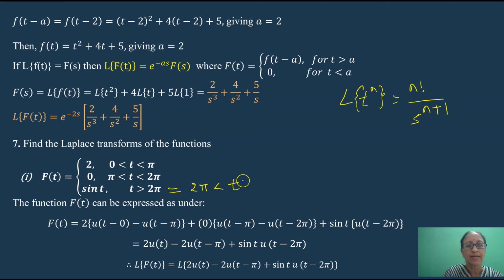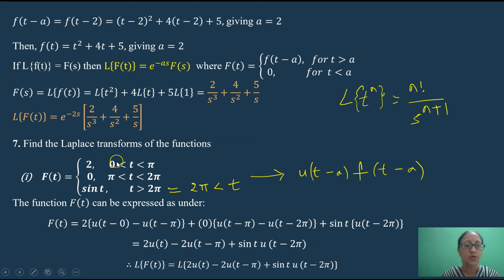Now we can express this capital F of t in the form of u of t minus a into f of t minus a. So how can we express? Let us see. Here, this function is 2 into u of t minus lower limit minus u of t minus upper limit. So here the lower limit is 0, the upper limit is pi.